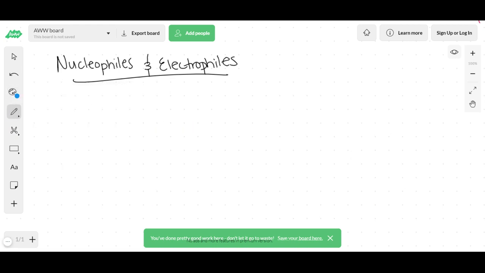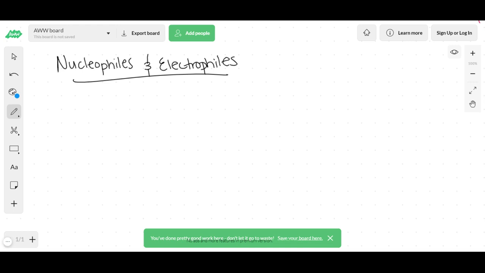All right, so now we're going to be focusing on electrophiles. Electrophiles are the other half of our reaction, and they are electron-loving. That's important to remember because nucleophiles usually have electrons to attack another molecule, so electrophiles love those electrons.